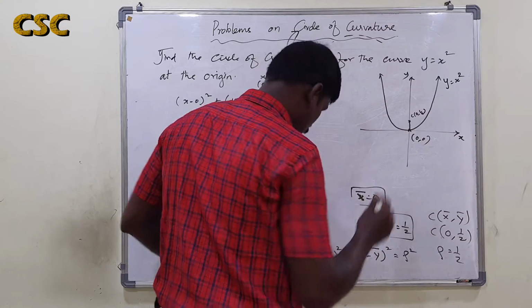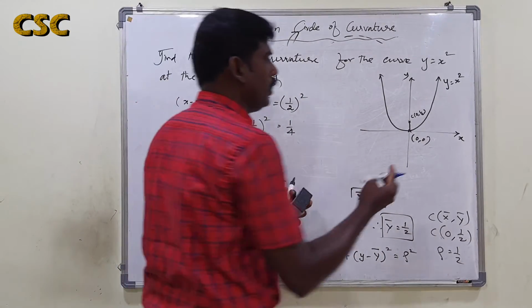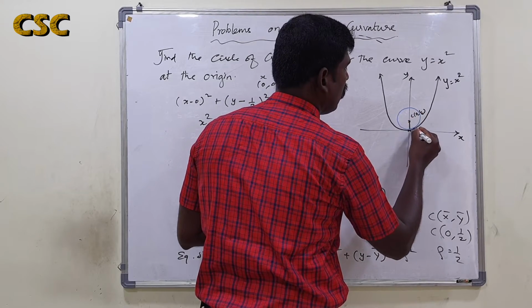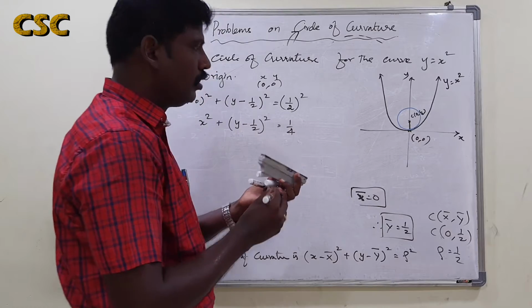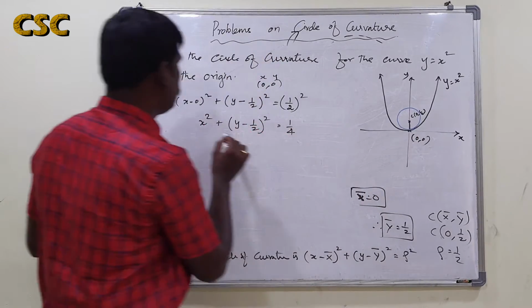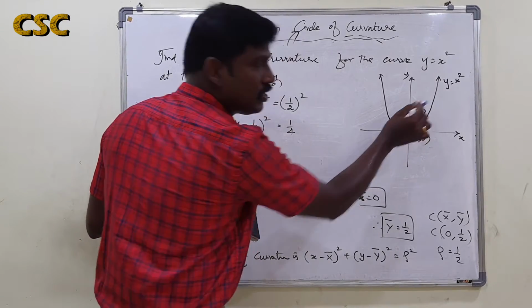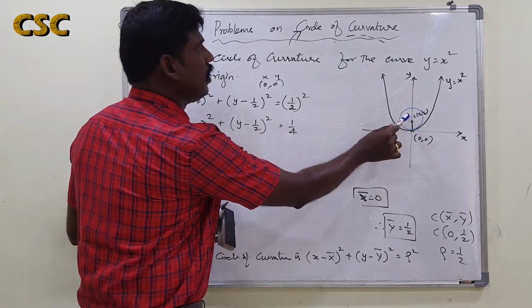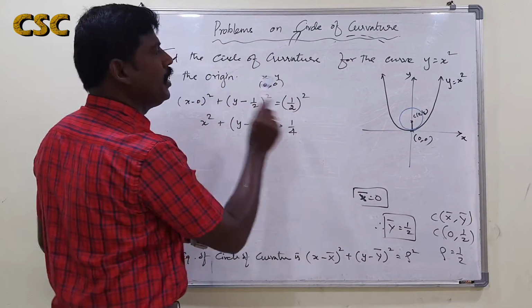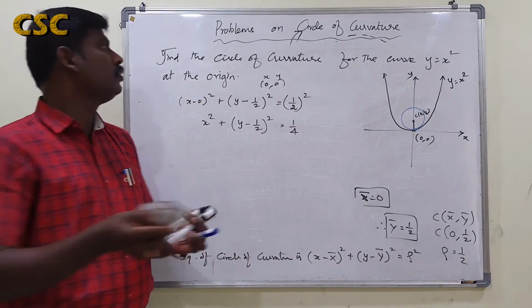Using the center and radius, you can draw it. That's all. This is called the circle of curvature. We found this equation: x square plus y minus 1 by 2 the whole square is equal to 1 by 4, the equation of this circle. This circle is called the circle of curvature to the curve y equal to x square at the origin. That's all for the first problem. Next.